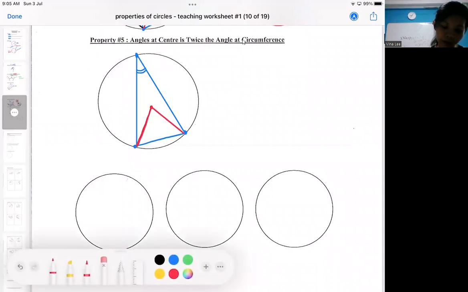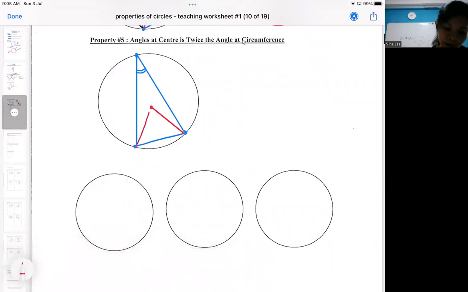So I'm going to create another angle to be facing the same chord, but I'm going to do it from the center. So that actually became the radius. So this angle is opposite the same chord.